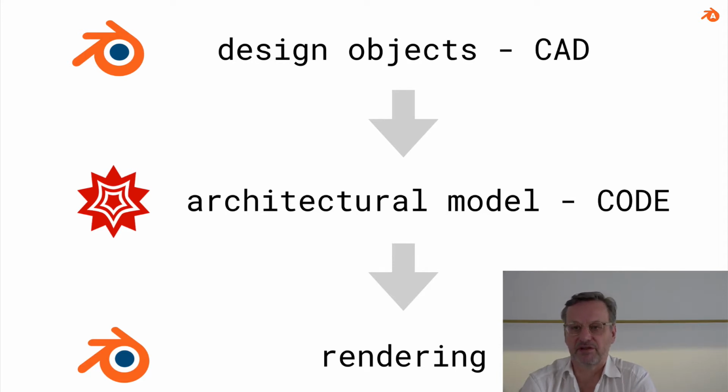Then you transfer these things to the lambda calculus in Mathematica to play these elements on stage with code in a very flexible way, and then bring that back to Blender for the sophisticated rendering not provided in Mathematica.